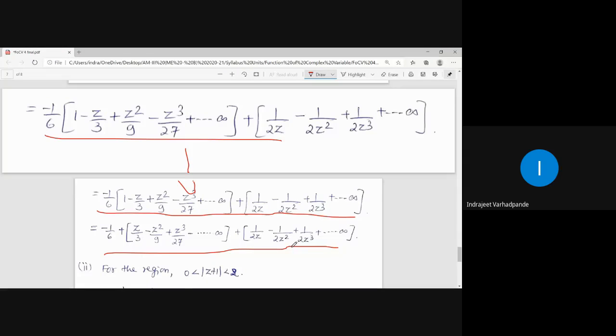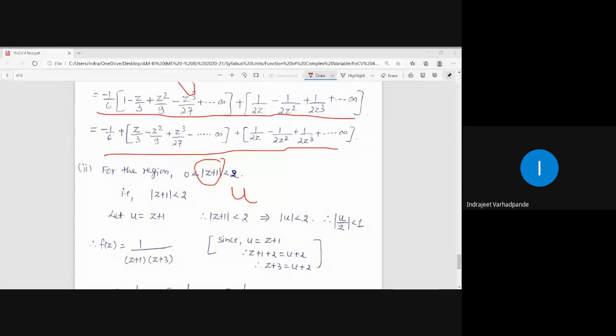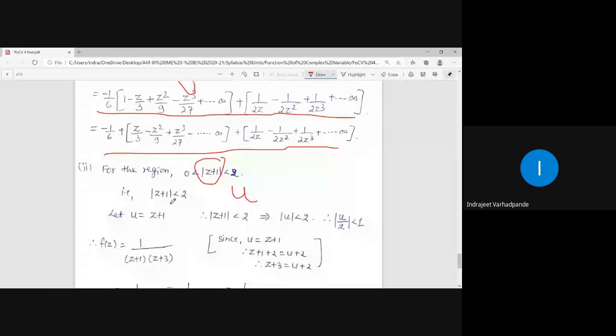Okay. टेक द सेकेंड रीजन. अभी z+1 वाले के लिए अपन क्या करते हैं? It is to be expressed in the form of u, right? Whenever such kind of region is given, z plus 1 less than 2, that means u less than 2, u by 2 less than 1.